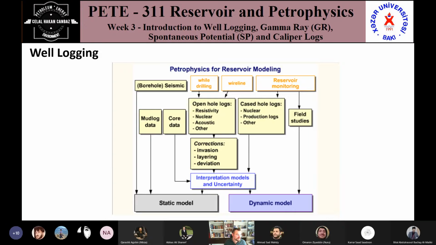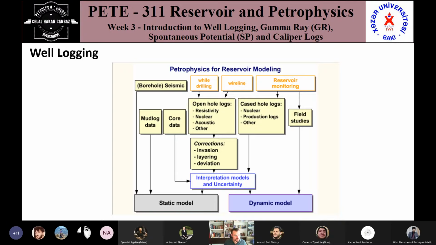These invasion factors need to be considered. Layering information: you have to compare your results with neighbor wells, because the layering can show some differences compared with your neighbor wells, or a new structure can come into the game. So you have to check and correct all of these, and double check with your neighbor wells.